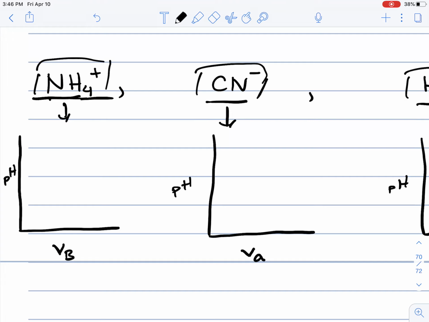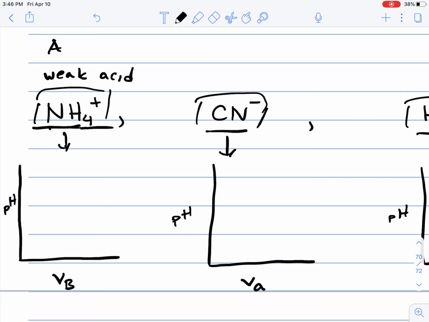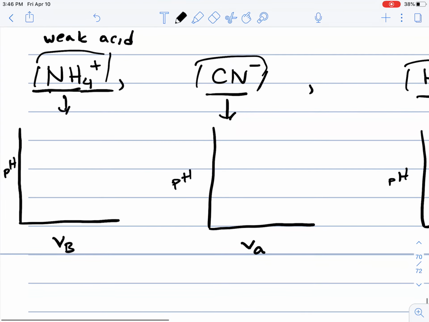Here, ammonium is a weak acid. Because it's a weak acid, and we're considering all of these substances our analytes, it's going to be titrated with a strong base. Since it's a weak acid, its initial pH is going to be greater than 1 or 0.